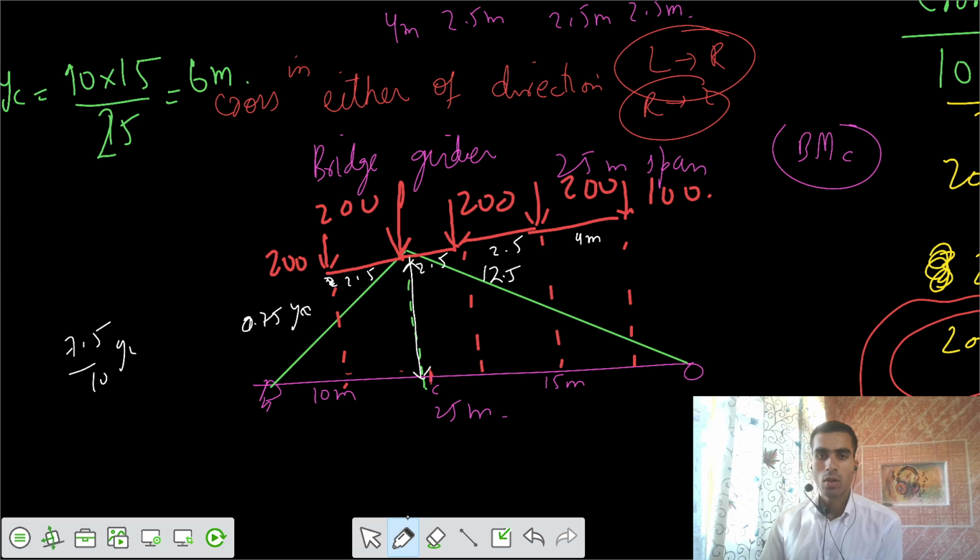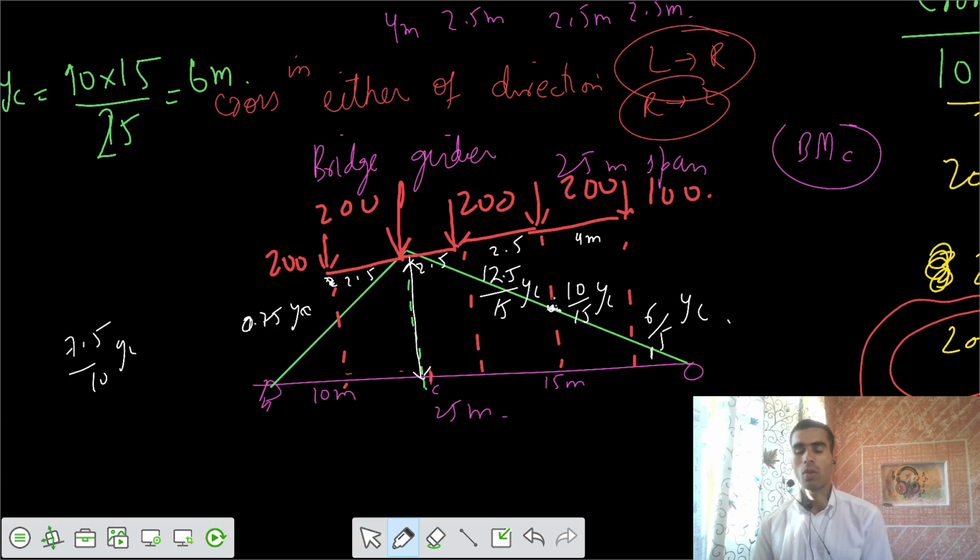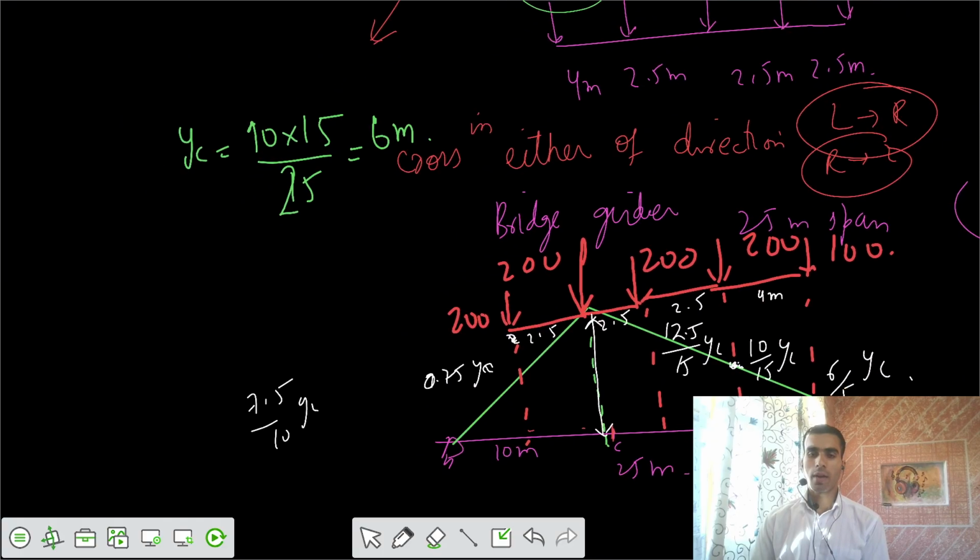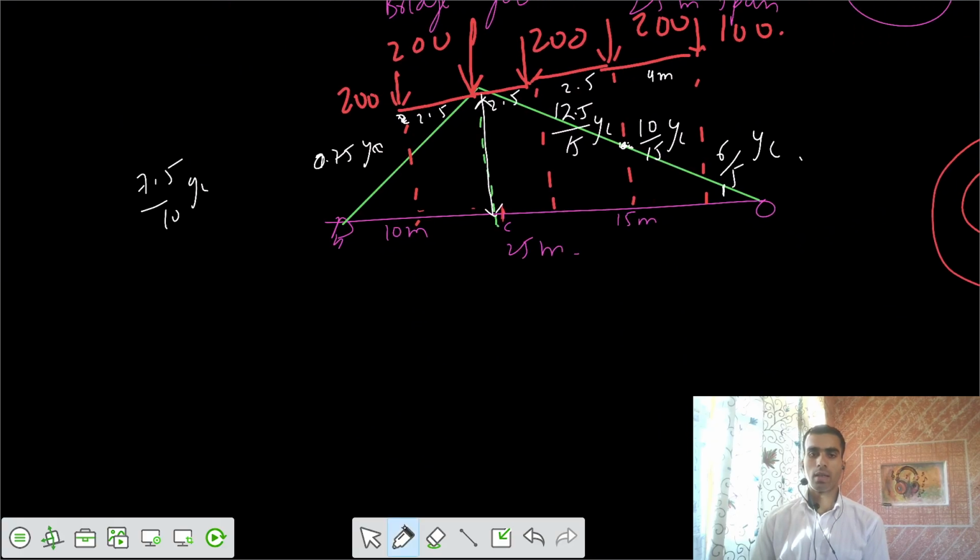I would say this is your 12.5 by 15 of YC, and this one would be equal to 10 by 15 of YC, and this one would be 6 by 15 of YC. You can do that by similar triangles. You can get already YC, so you can get the M at C when we go from left to right.